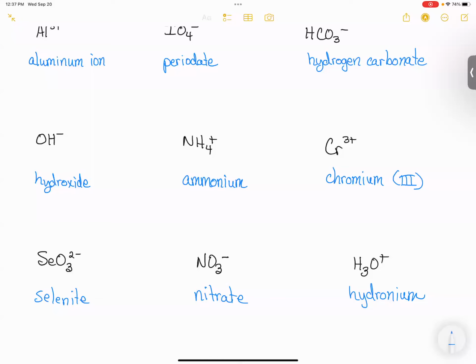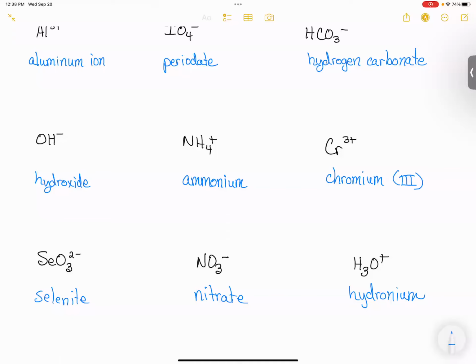Questions about the answers on the board? Yes. I think carbonate, why is it carbonate and not carboxylate? Okay, so carboxylate is something else. Carboxylate is a different substance than carbonate.